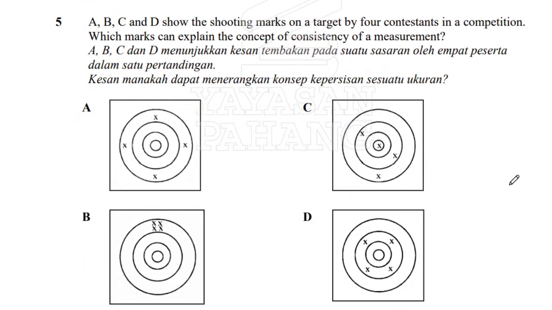Look at A, B, C, D, which show the shooting marks on a target by 4 contestants in a competition. Which marks can explain the concept of consistency in measurement? Consistency means all the time will be nearly the same.